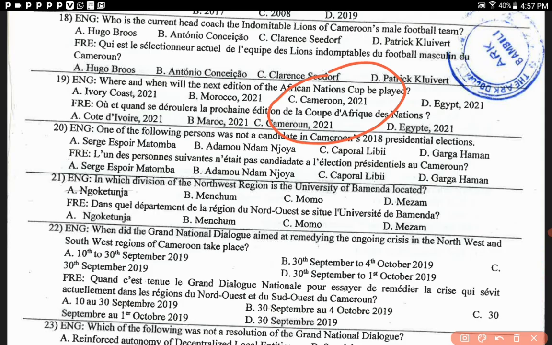The question again, one of the following persons was not a candidate. So we have to look around. Who among these people was not a candidate for the 2018 presidential election?